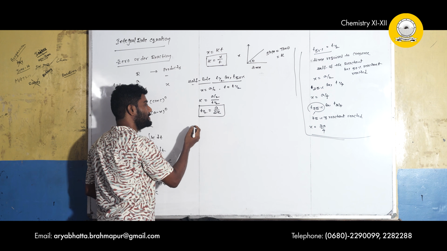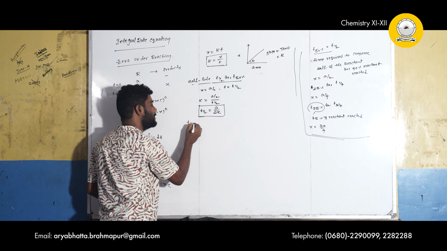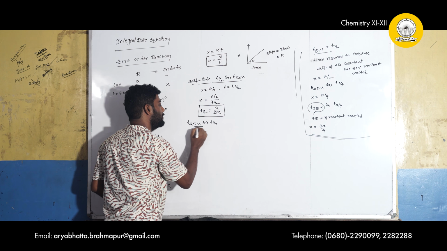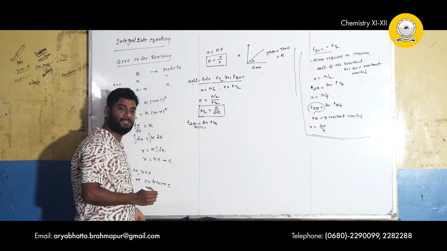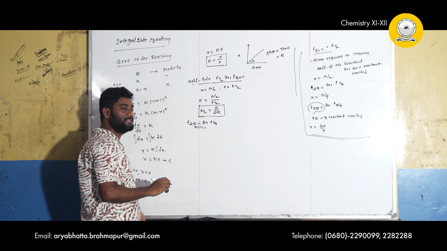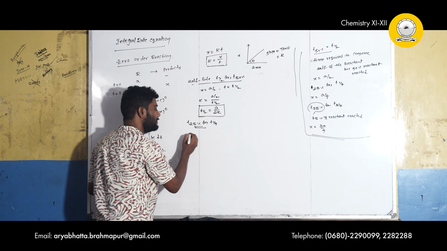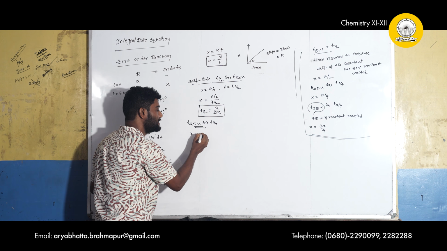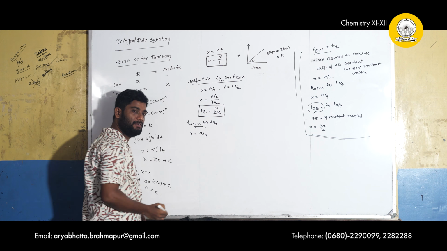Also T 25%, you can apply. If the question asks me T 25%, this is T 1 by 4. T 25% means what would you substitute for X? X is equal to 25% of reactant reacted, that is X is equal to A by 4.